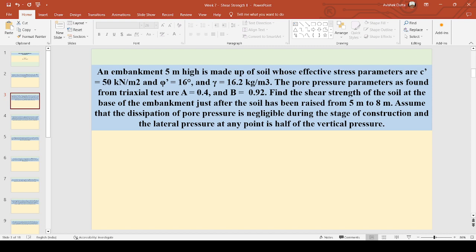Find the shear strength of the soil at the base of the embankment just after the embankment has been raised from 5 meter to 8 meter. Assume that the dissipation of pore pressure is negligible during the stage of construction and the lateral pressure at any point is half of the vertical pressure. Here construction means raising the embankment height from 5 to 8 meter.